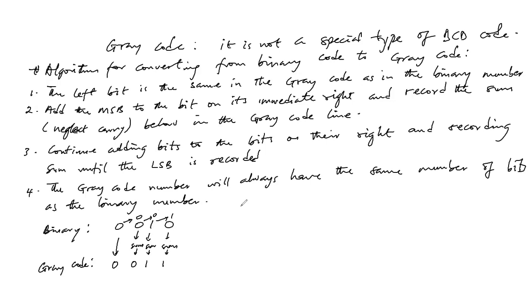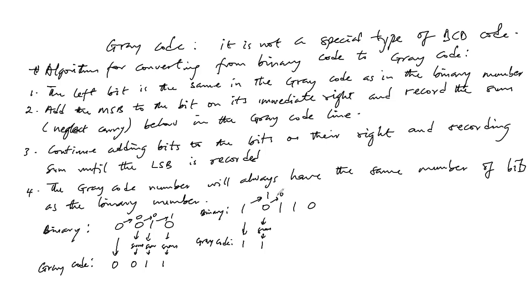So what if we have 1, 0, 1, 1, 0? This is binary, and we need to get the gray code. So we retain the first digit here. The left bit is the same in the gray code as in the binary. So we move this way. 1 plus 0 is 1.